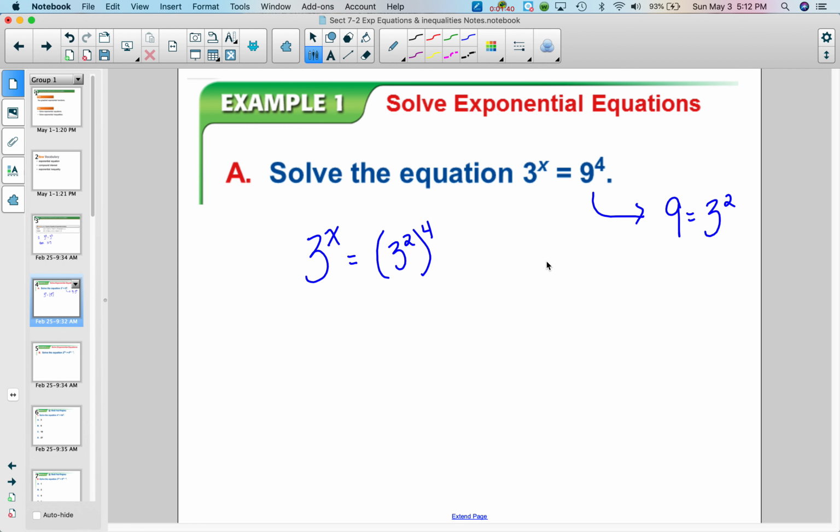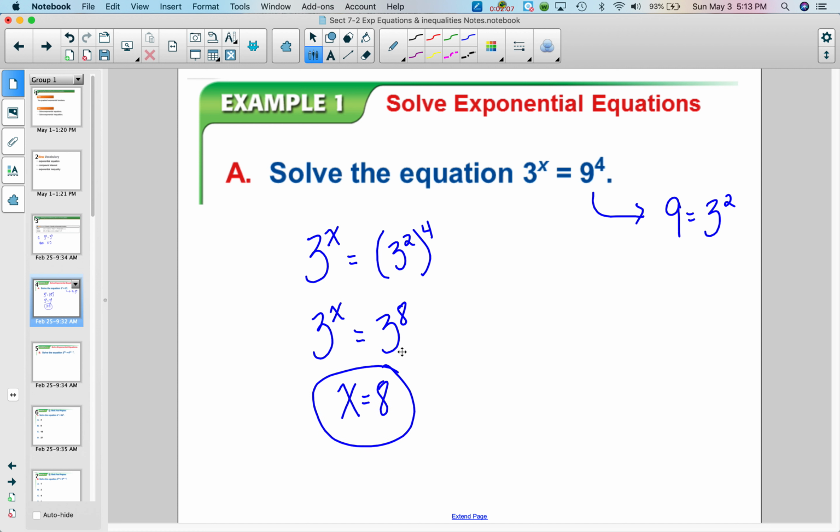That's a good habit to have. The 9 was raised to the 4th power, so my 3 squared is raised to the 4th power. Remember from our exponent rules, if you have a power to a power, you multiply those. So I get 3 to the x power equals 3 to the 8th power, because 2 times 4 is 8. Now the bases are the same, so I can say x equals 8.